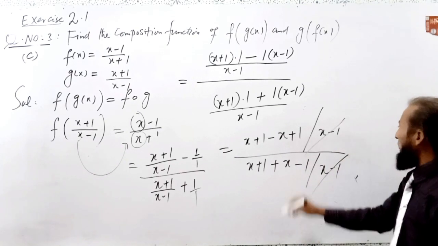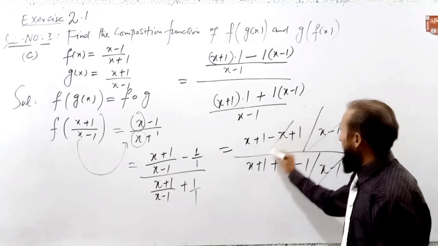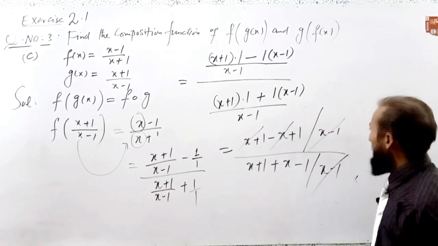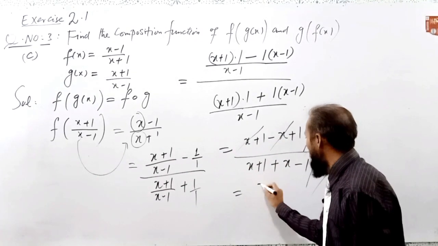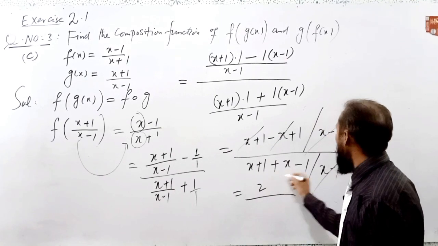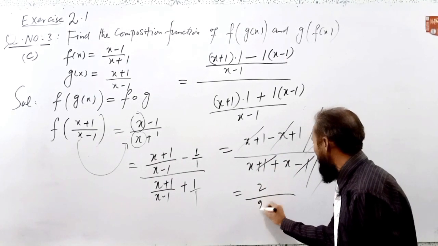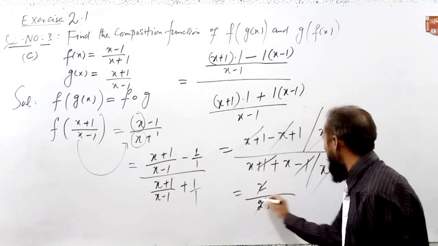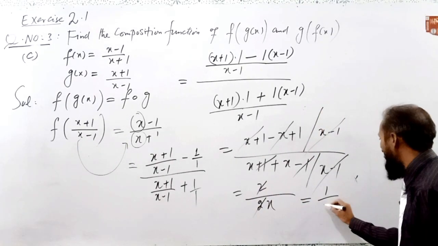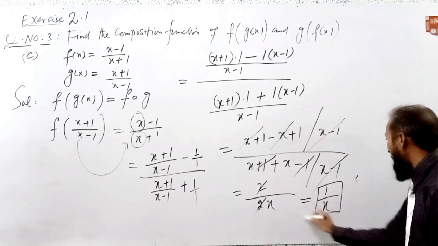These two terms are cancelled. So x minus x is cancelled. So 1 plus 1 we get 2, divided by, here minus 1 and plus 1 is cancelled. We write x plus x, 2x. 2 is cancelled. We get the answer 1 by x, which is the required answer.